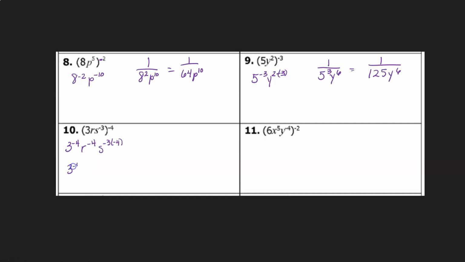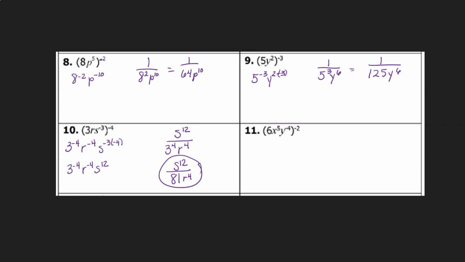So this stays negative, this stays negative, but when you multiply these together, it becomes positive. So I'm going to keep that positive exponent, s to the 12th up here. I have 3 to the 4th, r to the 4th. 3 to the 4th happens to be 81. So I have s to the 12th, 81, r to the 4th. Final answer.